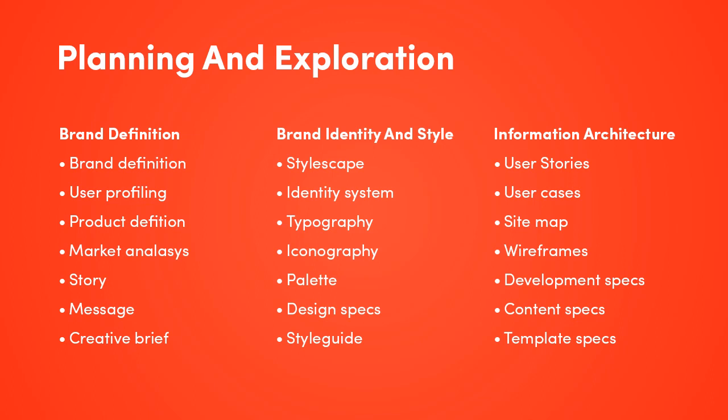So the next part is brand identity and style. You start by creating a stylescape, defining the different parts of the website. So going into identity system, what kind of colors, typography, and so on are we going to use? What kind of palette are we going to use?